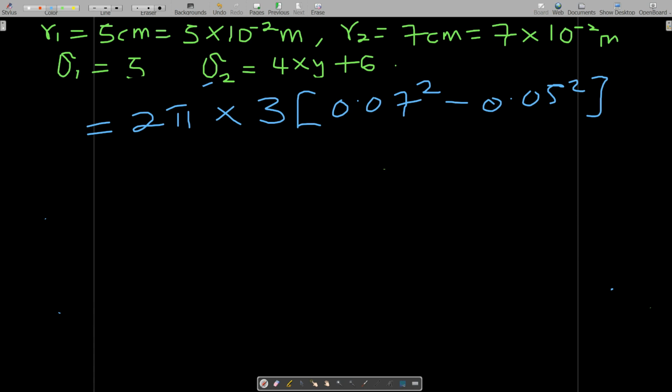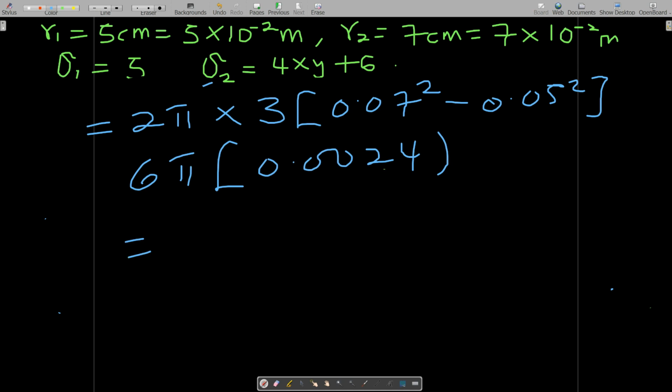So they are just multiplying, so 6 pi times, then you just have to put everything on your calculator: 0.07 squared minus 0.05 squared, and that is giving us 0.0024, times 6 pi.